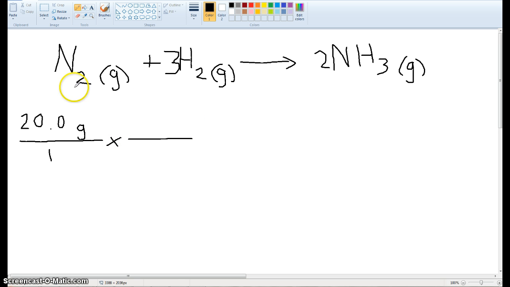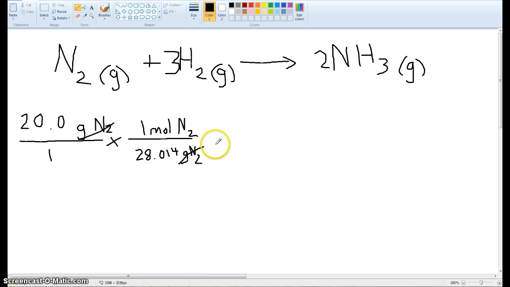So if this is nitrogen that we're talking about, then we've got to look up the mass of 2 nitrogens. So that will give us 28.014 grams of nitrogen is going to be 1 mole of nitrogen.